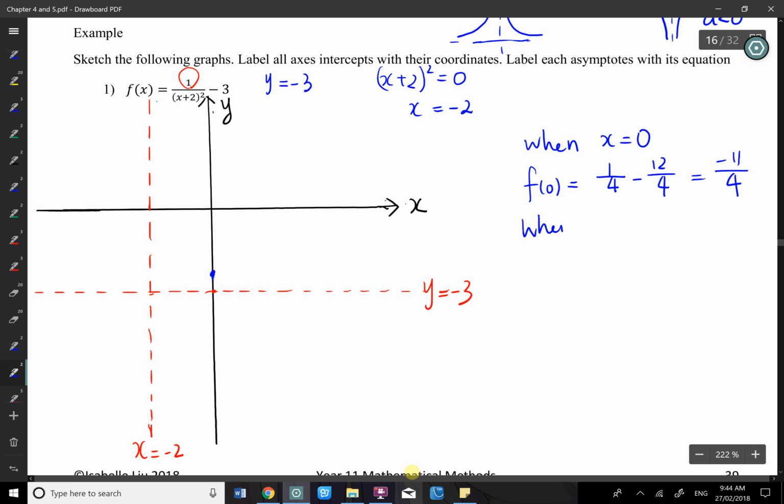And when f(x) equals to 0, which means when y equals to 0, 1 over (x plus 2) squared will equal to 3. Well, you want to solve y equals to 0.